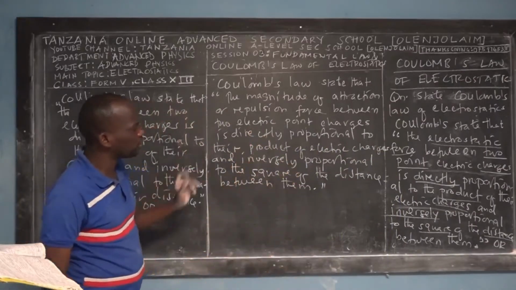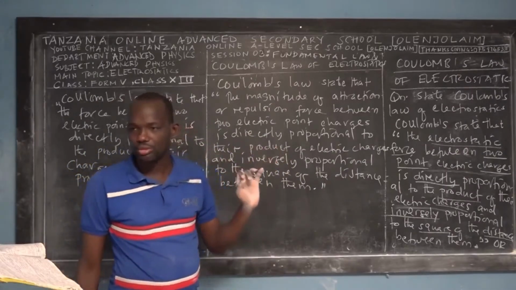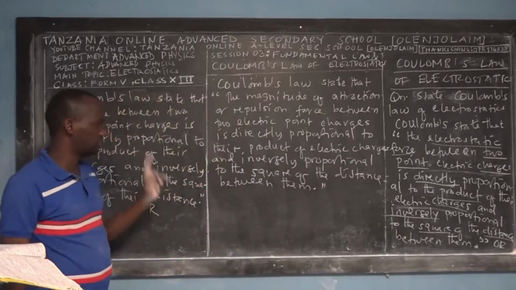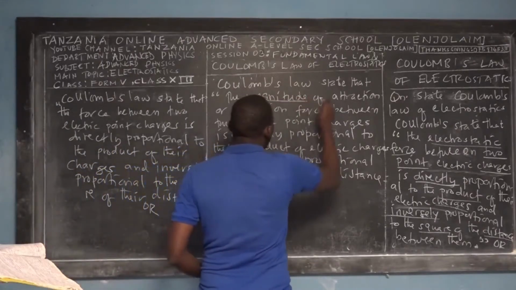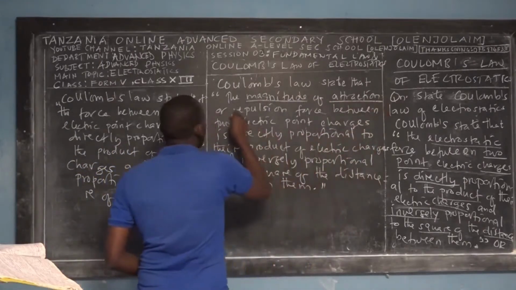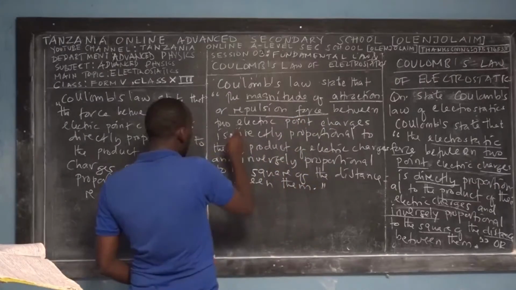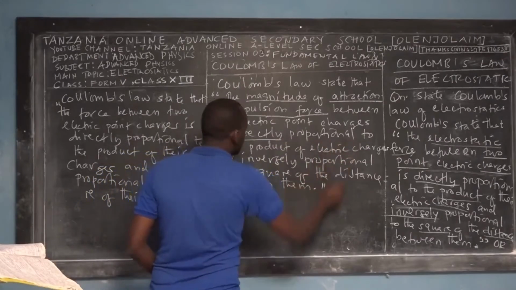The magnitude. Coulomb's law of electrostatics gives us the magnitude of attraction or repulsion. The magnitude, a very important word. The magnitude of the attraction or repulsion force between two point charges is directly proportional to what?